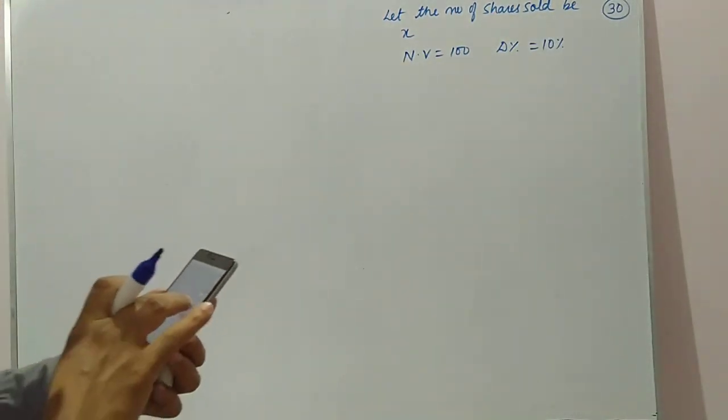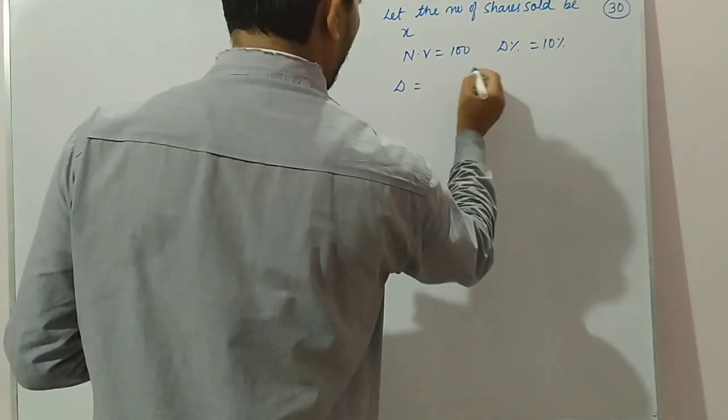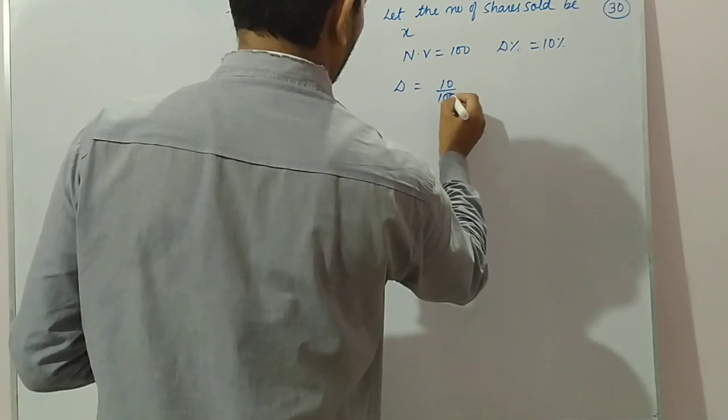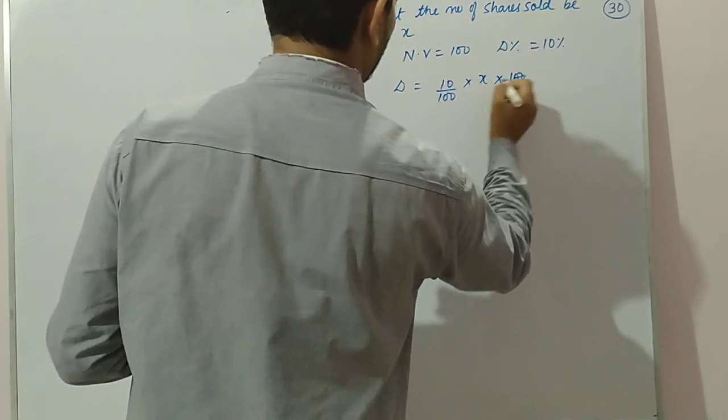Dividend percent is 10%. Therefore, dividend, that is equal to dividend percent by 100 into number of shares X into nominal value, that is 100.